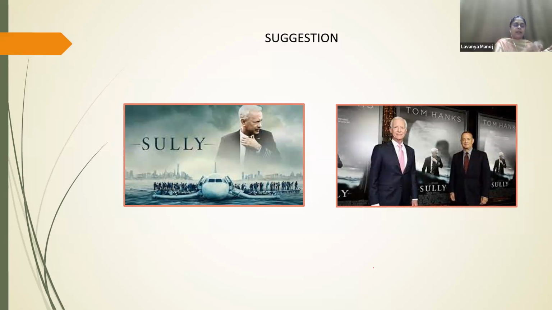So in that they consider everything: the fuel available, the time the flight takes off, the time when the bird hits the engine, the time when the engine blasts off, the number of passengers, the weather condition, the nearest airport available. Everything was taken into consideration, and they finally come to a decision that Sully and his co-pilot made a very wrong decision.